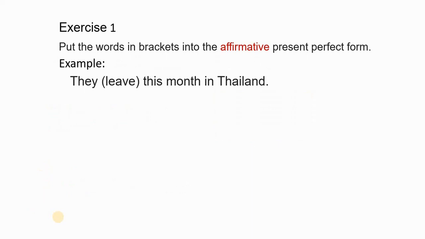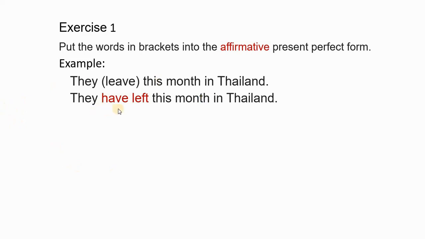Exercise 1. Put the words in brackets into the affirmative present perfect form. For example, they live this month in Thailand. Answer: they have left this month in Thailand. Okay, question number 1.